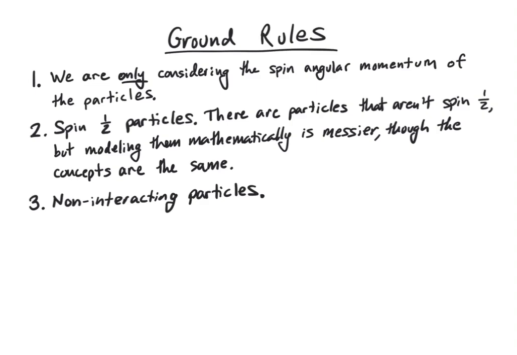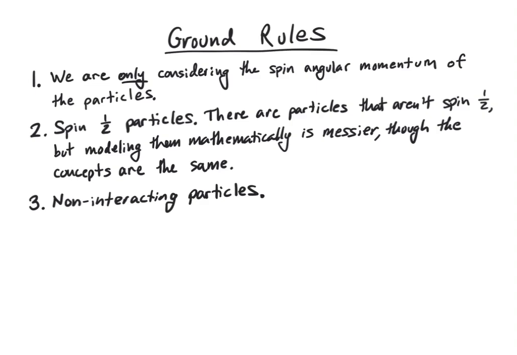This seems like a little bit silly because what's the point of talking about a system of two particles if these two particles don't affect each other? And it's twofold. One is that there are still interesting properties about the system, even in this very simplistic model.